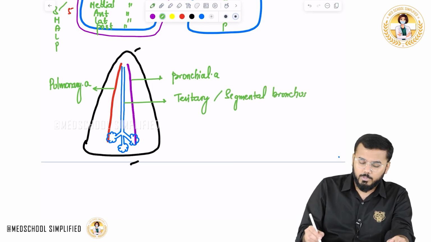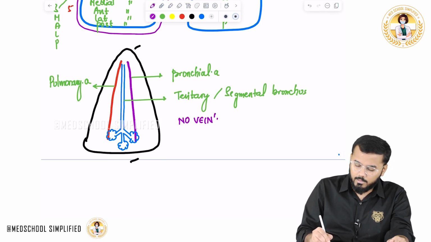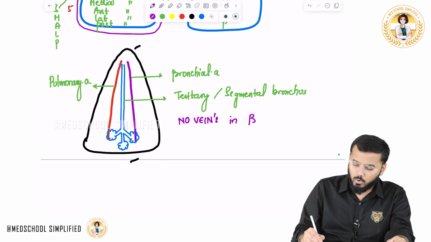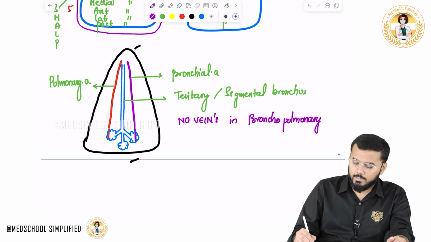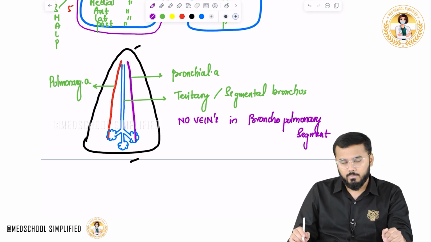So the important thing to be noted is that there are no veins in the bronchopulmonary segment. This is what you need to remember.